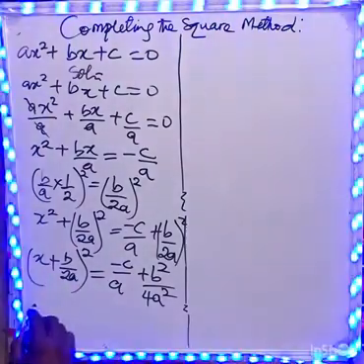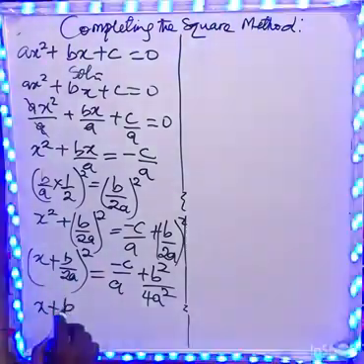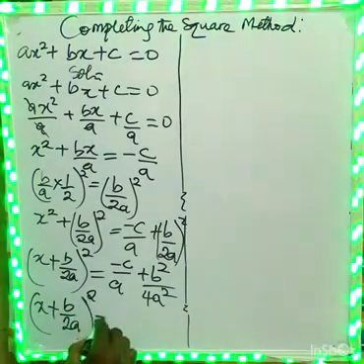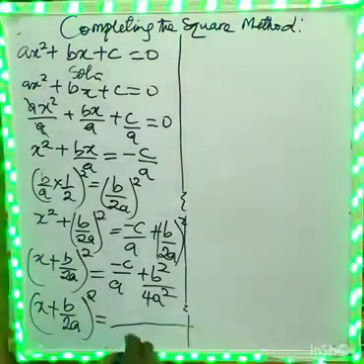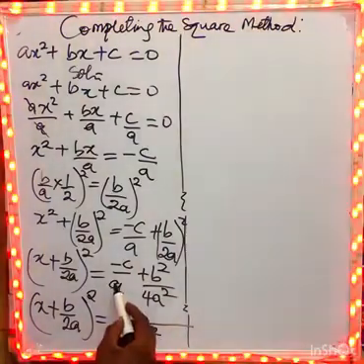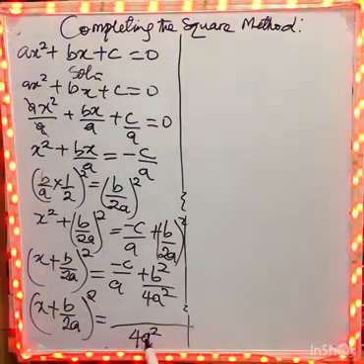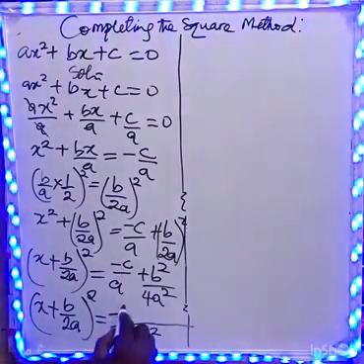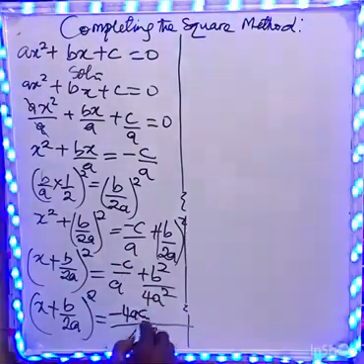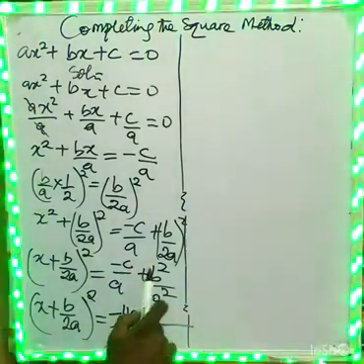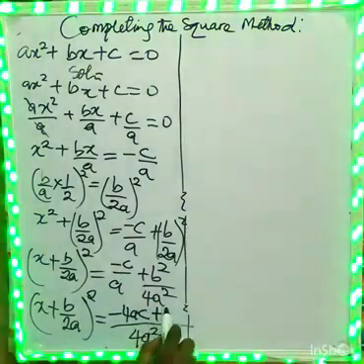So you can still say that x plus b over 2a all squared is equal to the LCM, which will give you 4a squared. Okay, so a divides 4a squared, you have 4a. So 4a multiplied by minus c, you have minus 4ac. Okay, 4a squared divided by 4a squared gives 1. 1 times b squared, we give you plus what?